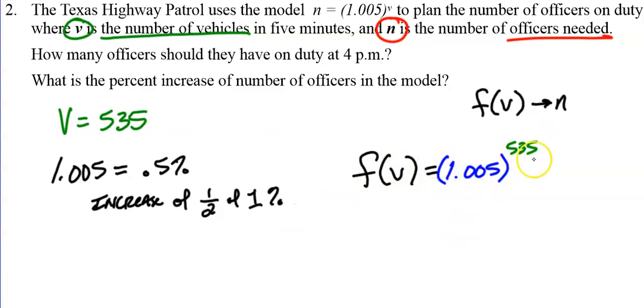So in planning this out, we have 535 vehicles, and this is our increase for every number of vehicles. So f of V in this case is going to be equal to 14.415, so we get 14.42. So we'll say between 14 and 15 officers.